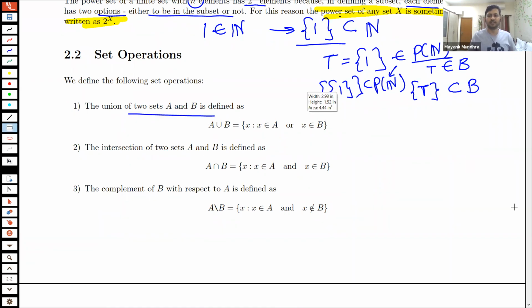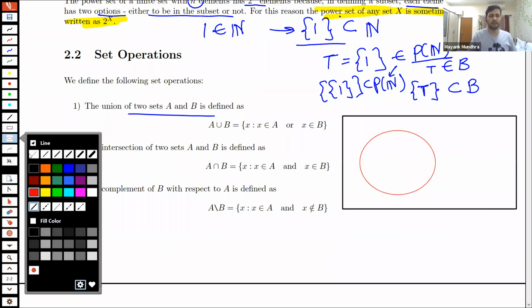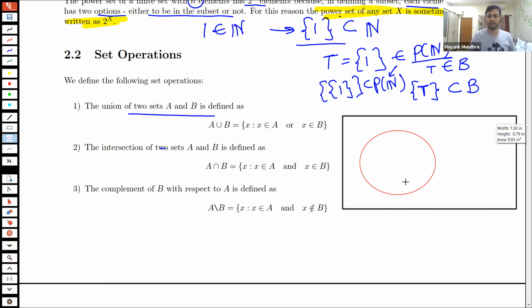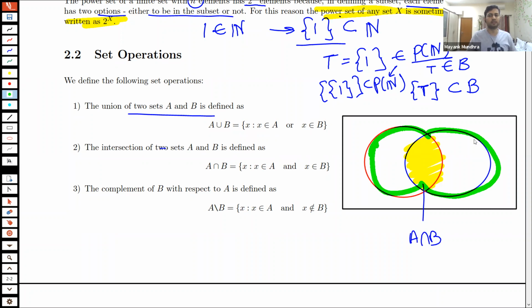If you have two sets A and B, which look like this, let's say this is set A and this is set B. This really is your A intersection B, and this entire thing is your A union B.